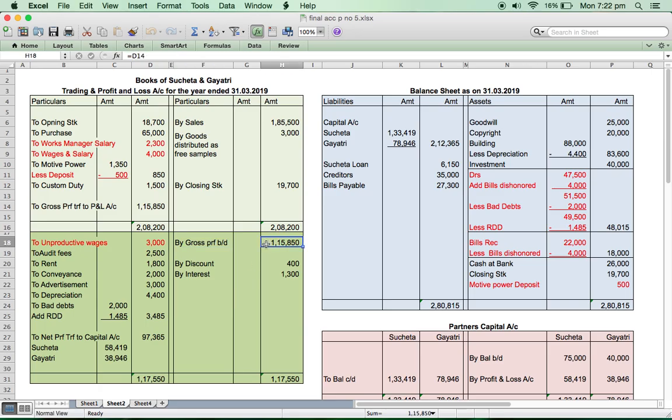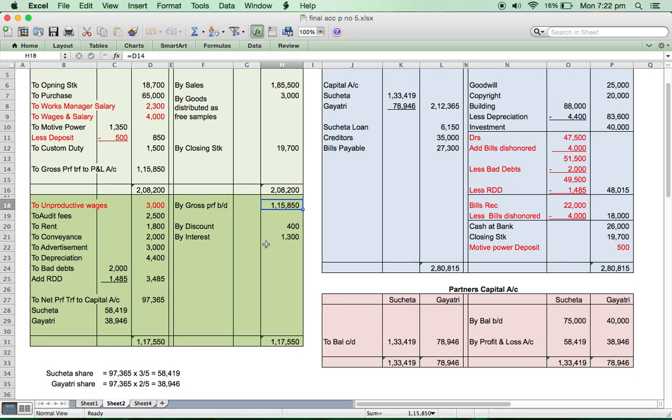Then we are going to close the profit and loss account. So again, we are going to take the total of the credit side, which is 1,17,550, and from this we would reduce the total of the debit side, which would be 20,185. The resultant amount would be 97,365, which is the net profit.